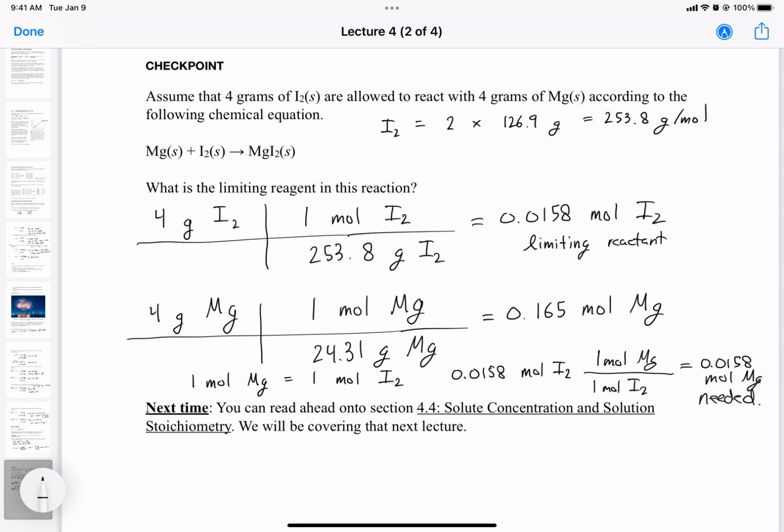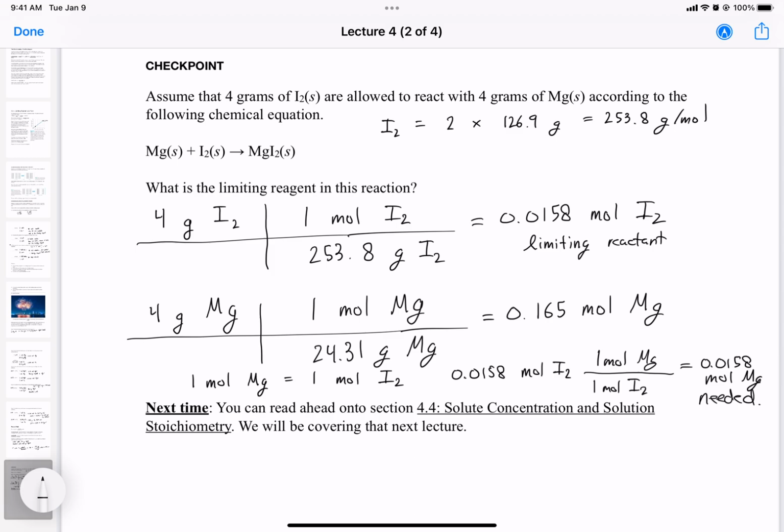But if I ask you to determine the limiting reagent and show your work, you'll probably want to do this calculation. And in some problems, when you need to find the limiting reactant to solve the problem, you probably don't want to just assume, and you want to go through the steps to make sure you're correct.